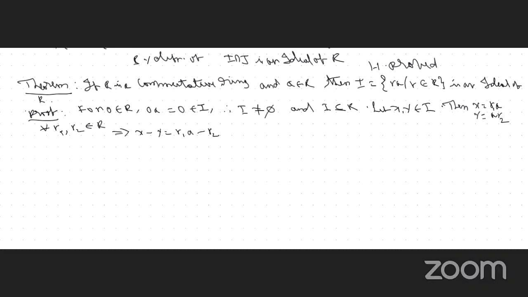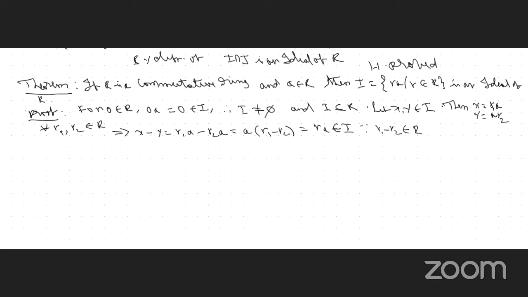Taking r common, what is inside is r1 minus r2, so that is equal to (r1 minus r2)a, which belongs to I, since r1 minus r2 belongs to capital R.